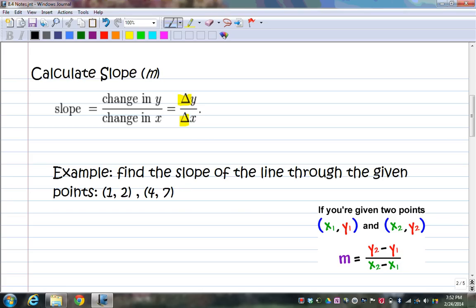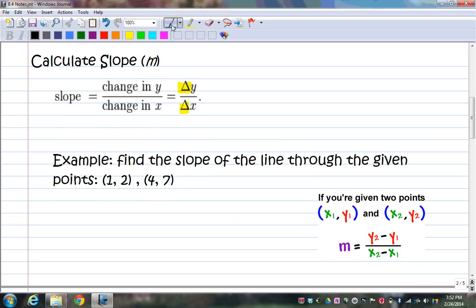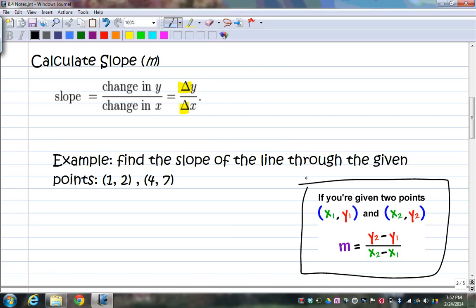So here's an example. I want to find the slope of a line that goes through these 2 points. What I need to do is take the change in the y values. So I'm going to say this one minus this one, because those are the 2 y values.